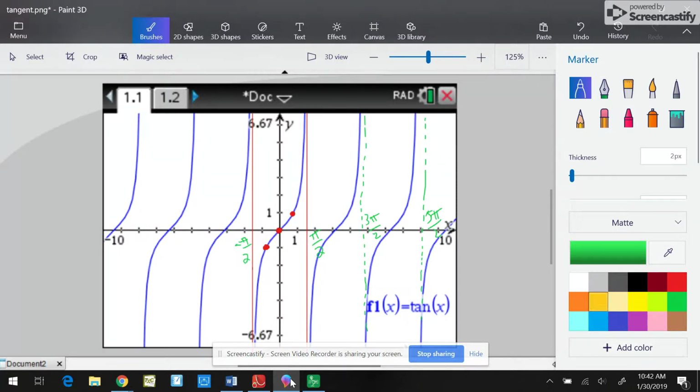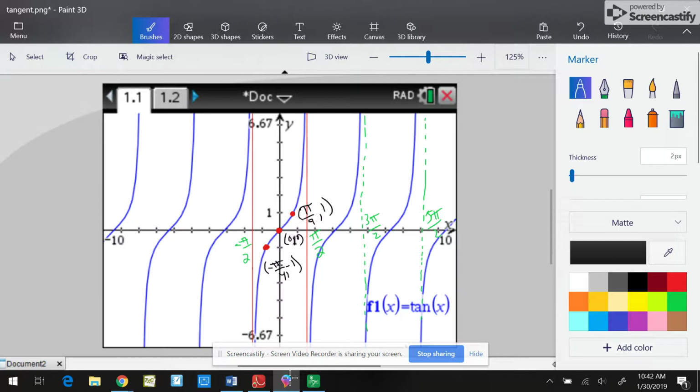And the values that you're going to notice repeating are right here. This is the value of negative pi over 4 and negative 1. If you think on the unit circle, you remember that graph. Here we have 0, 0, obviously. And then right here is going to be pi over 4 and 1.